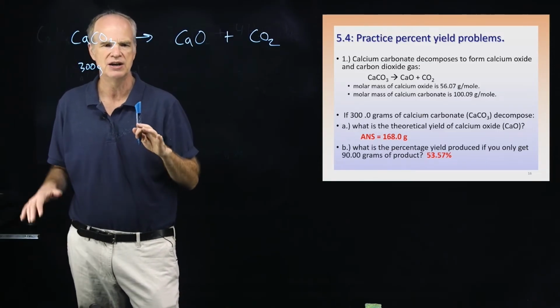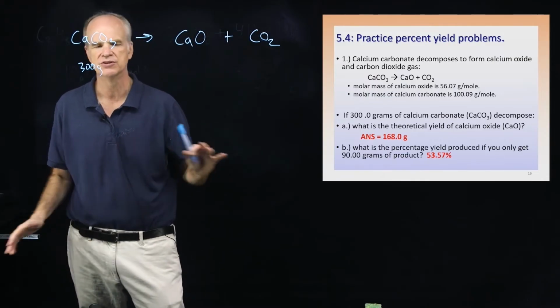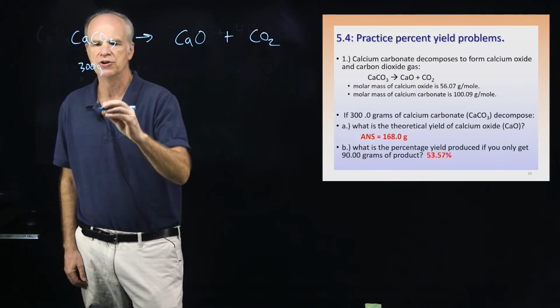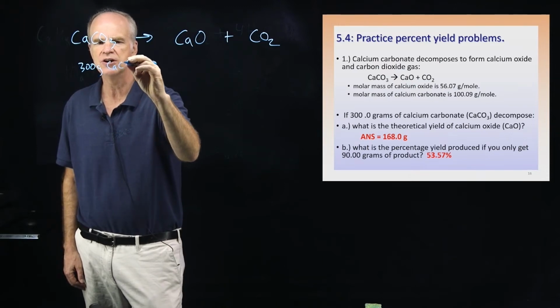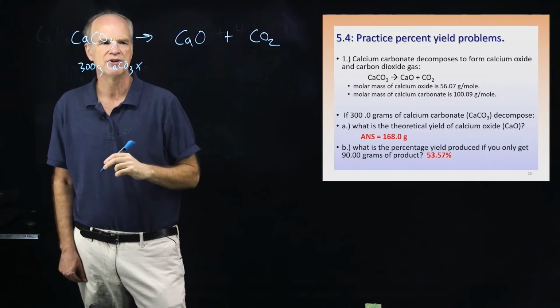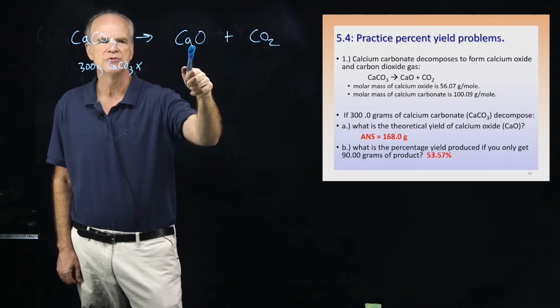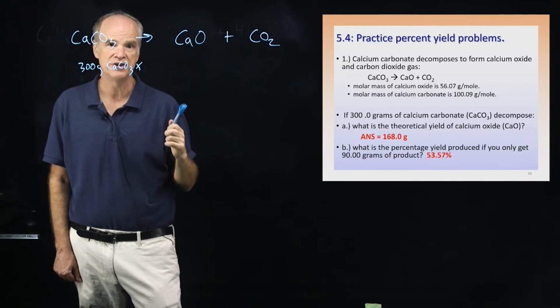If you have a problem with one reagent, you just assume that that one reagent completely runs out. So what I'm going to do is take this 300 grams of calcium carbonate and figure out how many grams of calcium oxide I should get from that, and that will be the theoretical yield.